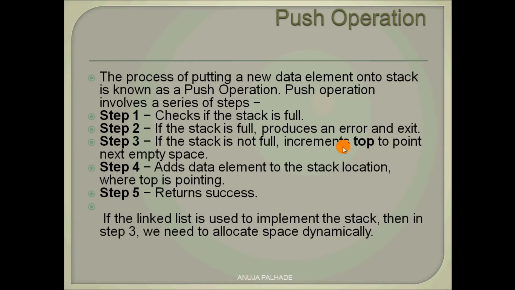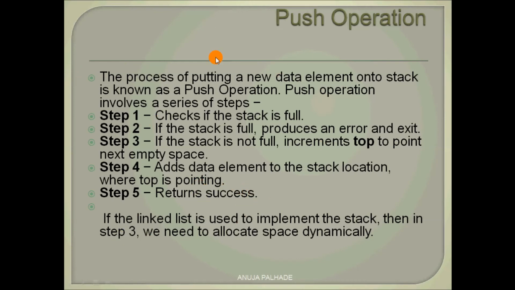And as we are going to insert the first data element, this top is first incremented. So incrementing by 1 means minus 1 plus 1 is 0, meaning the array's zeroth index gets the data element 1. After that, in step 4, we add the element, meaning first increment the top and then add the element, then it returns success.